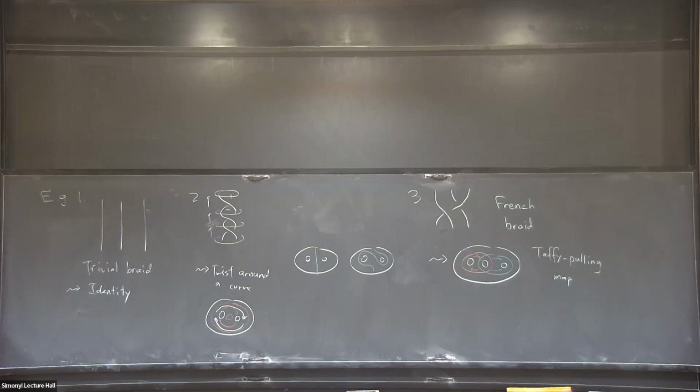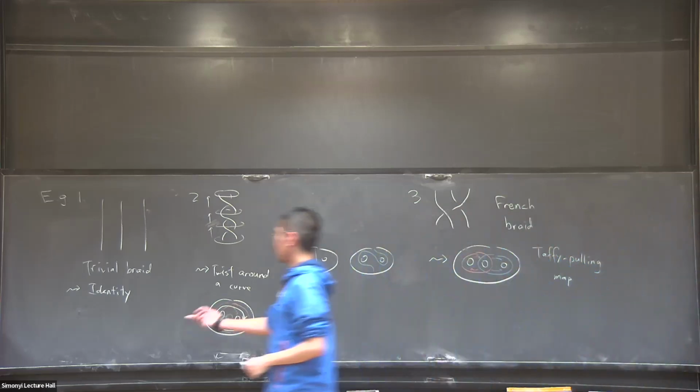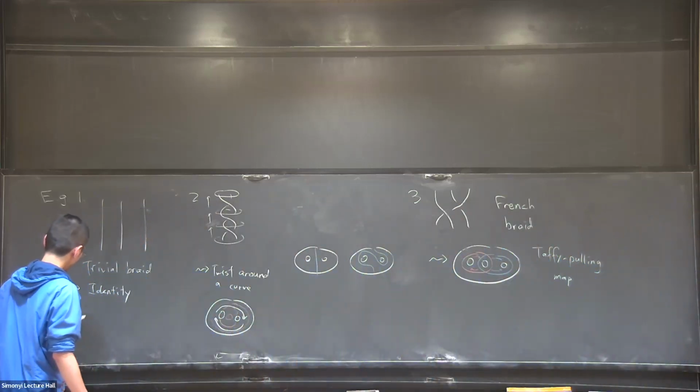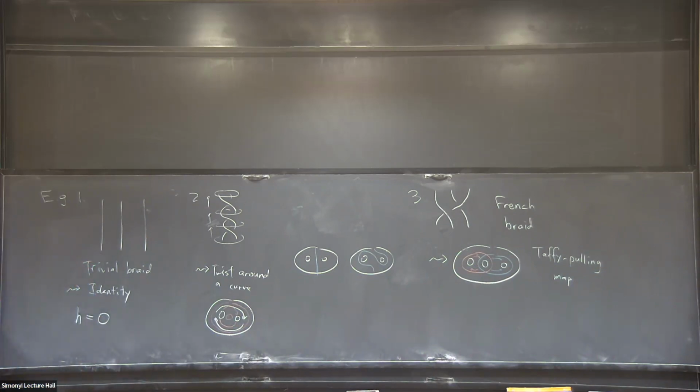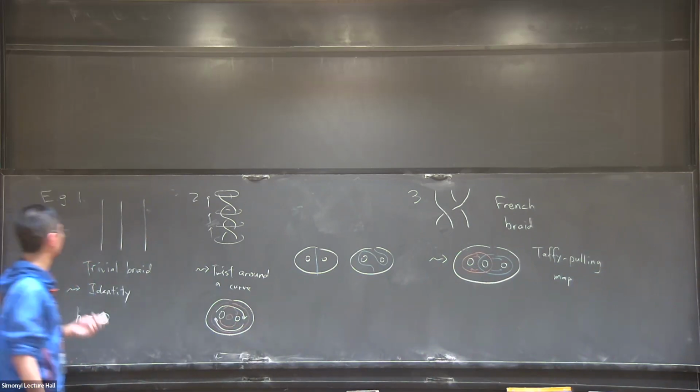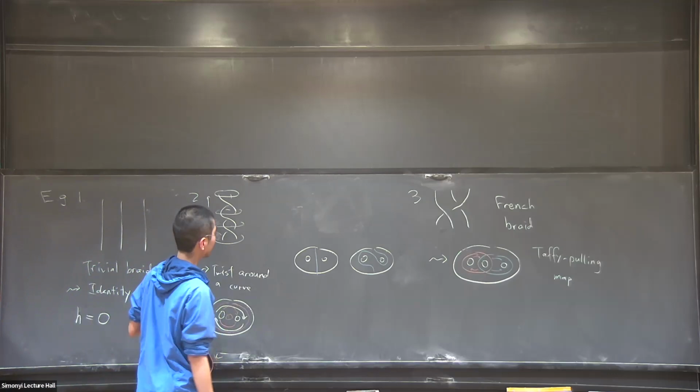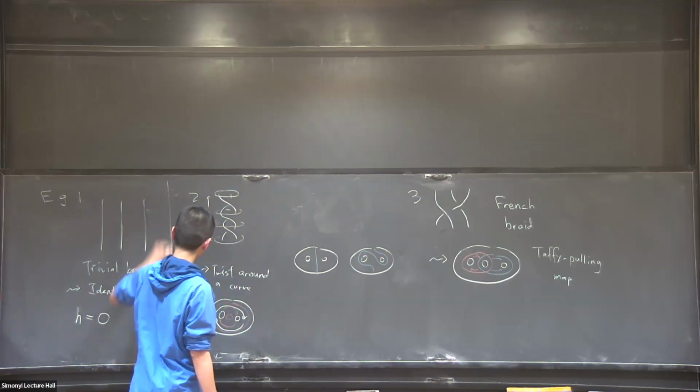If U has n many elements, this thing is going to have at most 2 to the n many elements. So this thing is going to be finite. And when you take the exponential growth rate of something that's bounded from above, you get 0. And so the topological entropy here is 0, as you might expect. Trivial braid, trivial dynamics, trivial entropy.